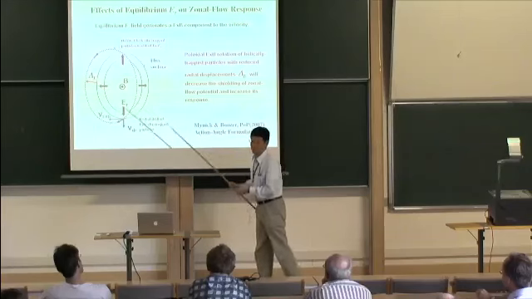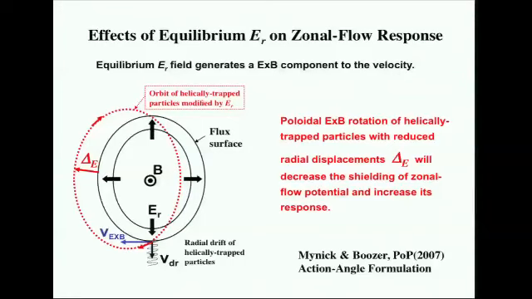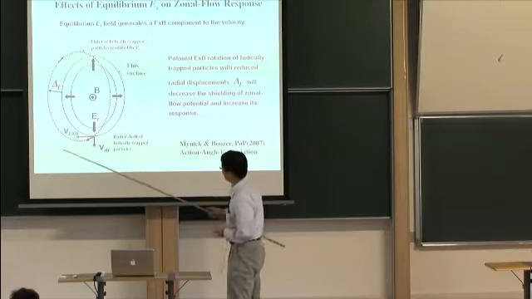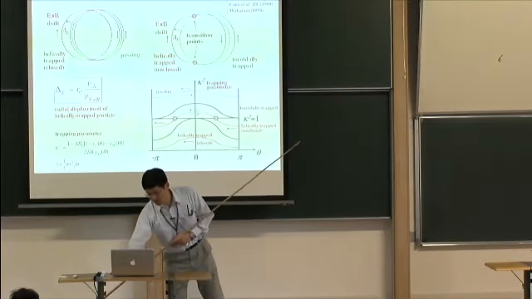Also, if we have smaller radial drift, that means a reduction of the shielding effect of the zonal flow potential, and we can expect a higher zonal flow generation by the reduction of the radial displacement of trapped particles.